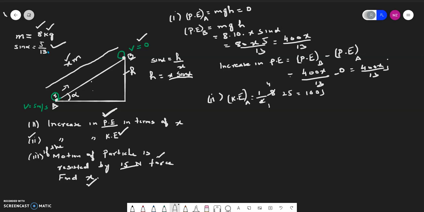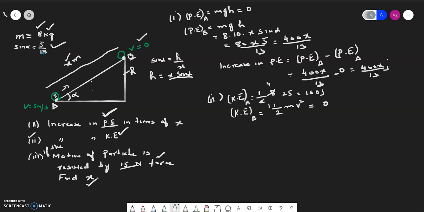And the kinetic energy at position B will again be 1 over 2 mv squared, but since the velocity at point B is 0, this whole term will be 0.